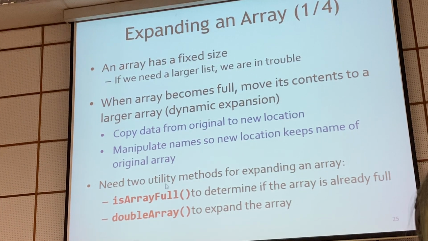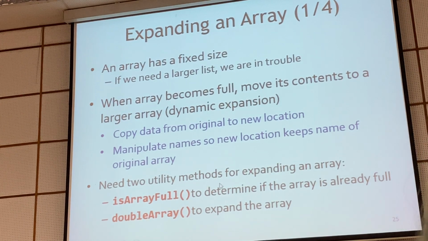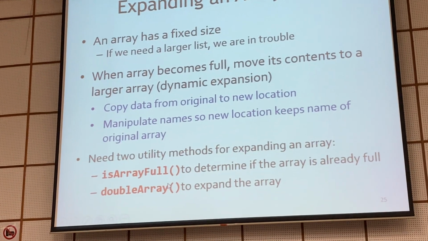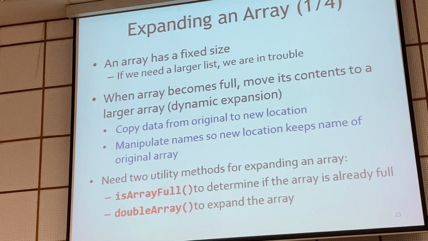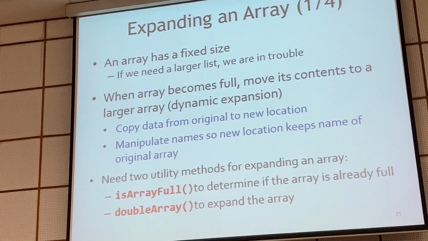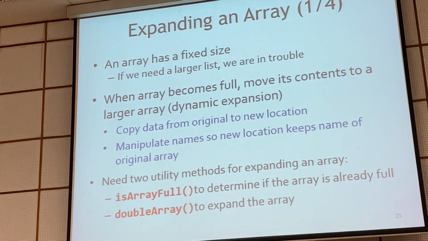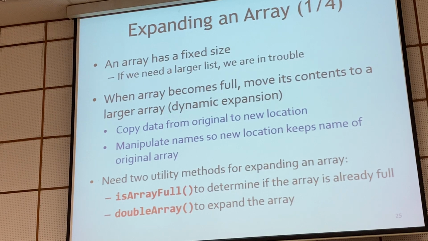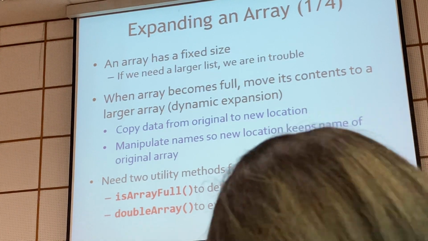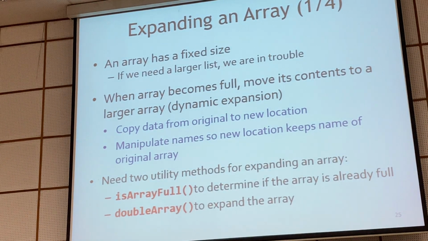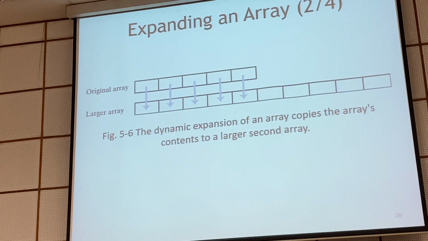So, we need to have two extra utility methods. Is array full? We have to determine whether the array is full. If it's full, then we double it. That means in real time, when the capacity of the array is maximized, then we go and double the array. Okay? So this is how we're gonna expand.